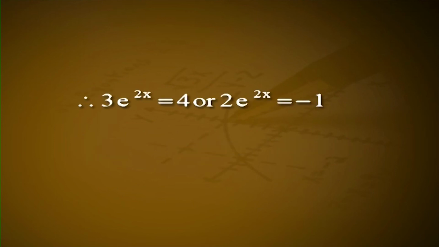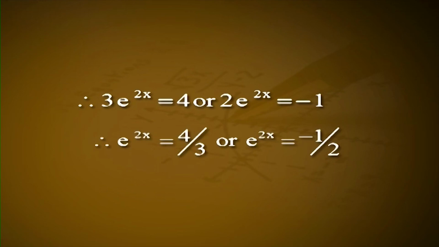Therefore, 3 times e raised to 2x is equal to 4, or 2 times e raised to 2x is equal to minus 1. Therefore, e raised to 2x is equal to 4 by 3, or e raised to 2x is equal to minus 1 by 2. The only real solution exists when e raised to x is greater than 0. Therefore, 2x is equal to log 4 by 3. Therefore, x is equal to 1 by 2 times log of 4 by 3.